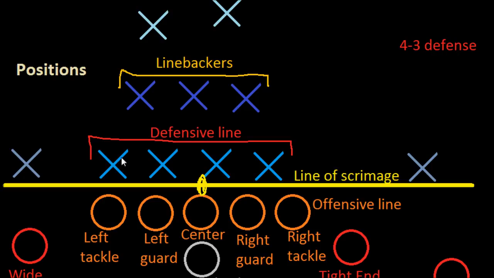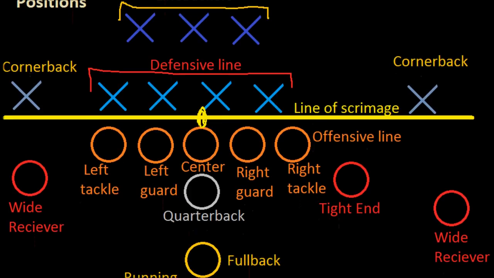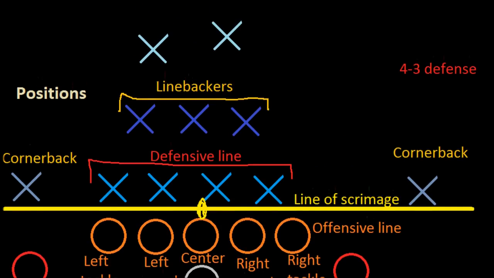So this is where you get the 4-3, and then on both sides, usually defending our wide receivers here, we have the cornerbacks. This is a cornerback, and this guy opposite him is also a cornerback, not to be confused with a quarterback. These are cornerbacks.